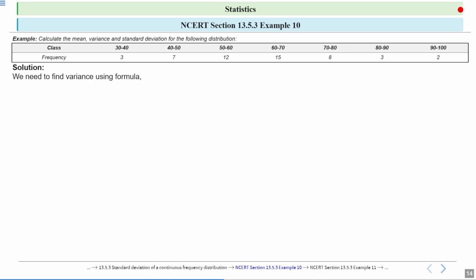To start of this solution, we need to find the variance. Okay, the variance measures how spread out the data is around the mean.